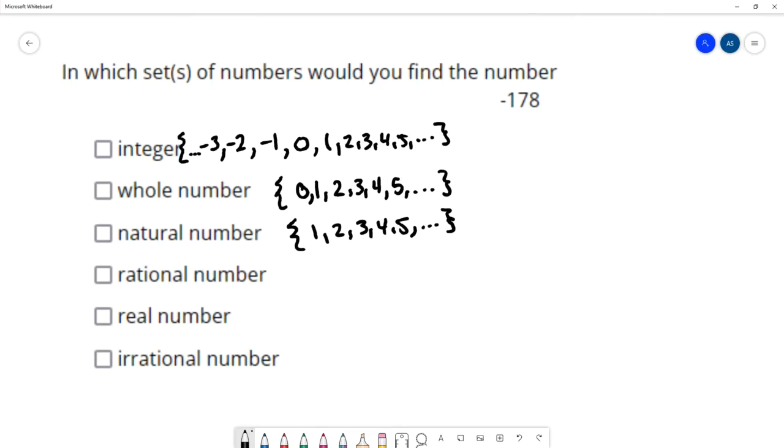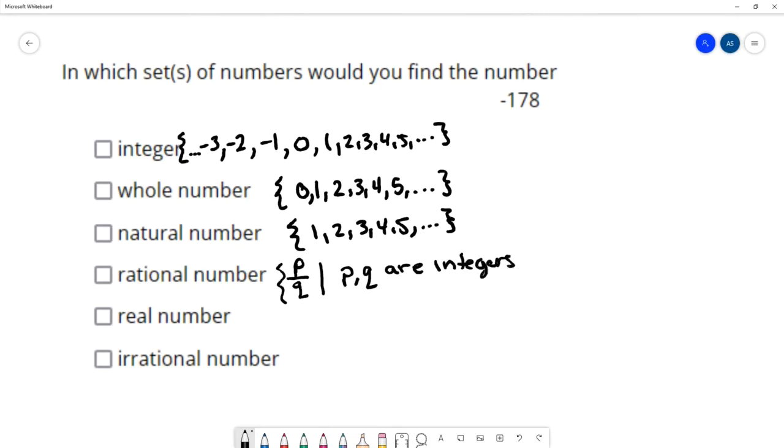The rational numbers are the numbers that can be written in fraction form. So that's going to be P over Q, any number that can be written in a fraction form, where P and Q are integers.